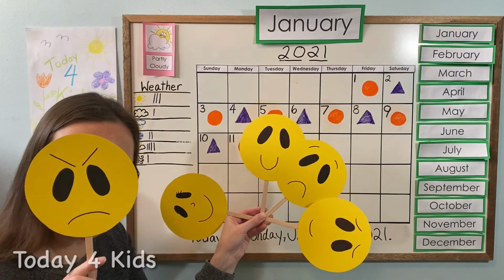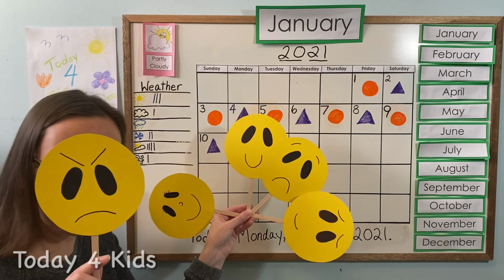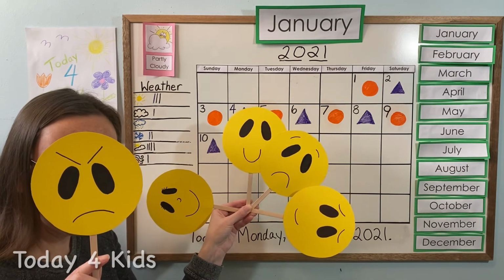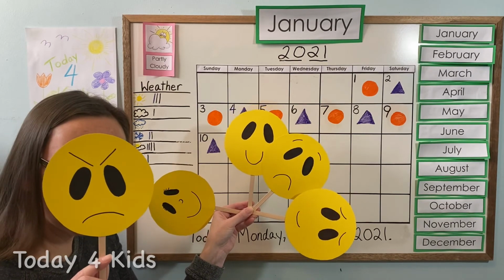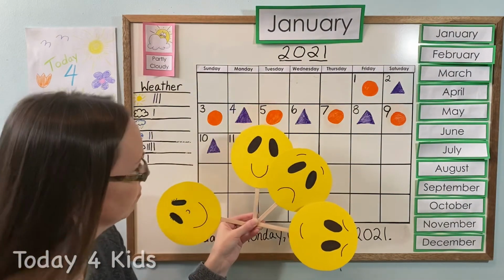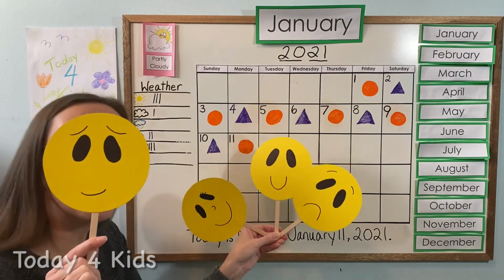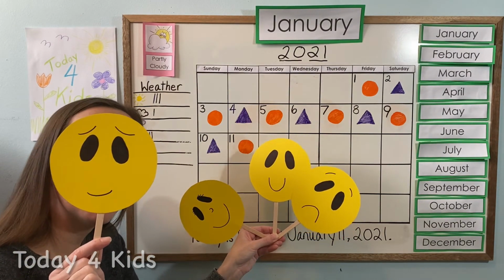A mad face. Are you angry today? Irritated? Maybe somebody has been bugging you all morning, or maybe you stubbed your toe and you're a little bit irritated and grouchy. What do you think? Grouchy? What about this one? Kind of nervous, kind of shy, maybe worried.